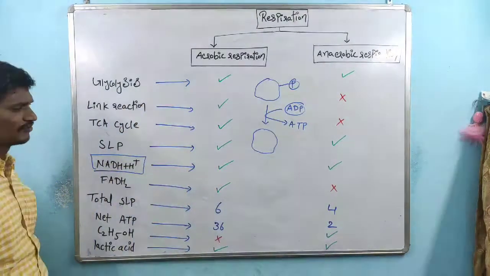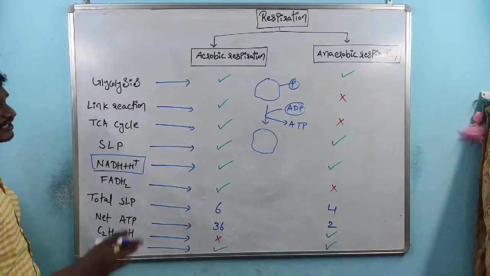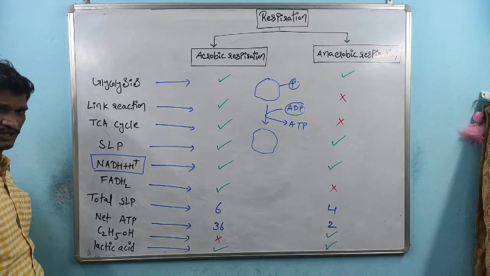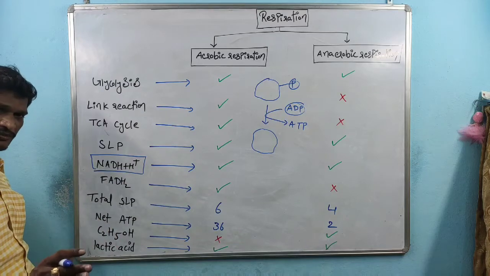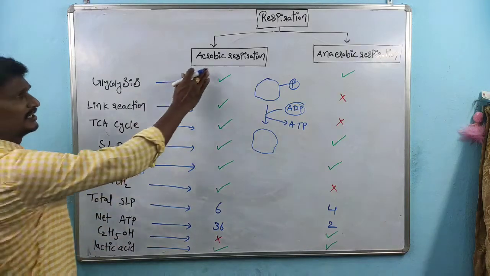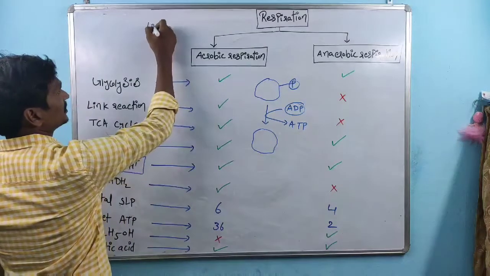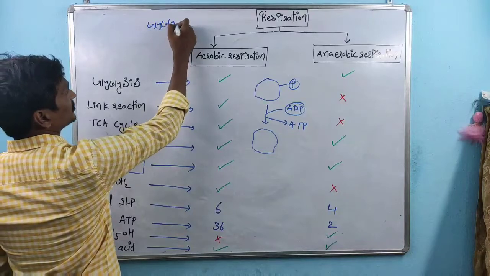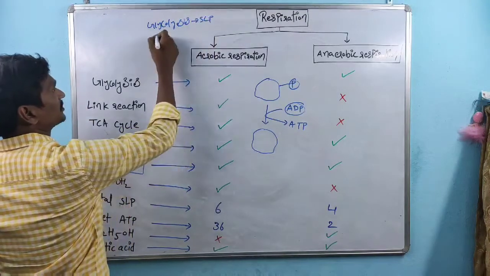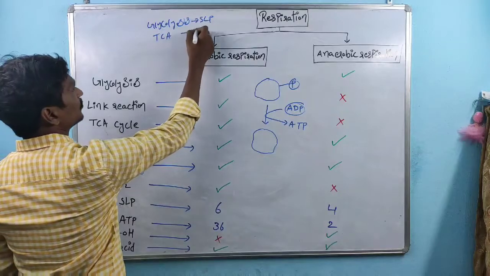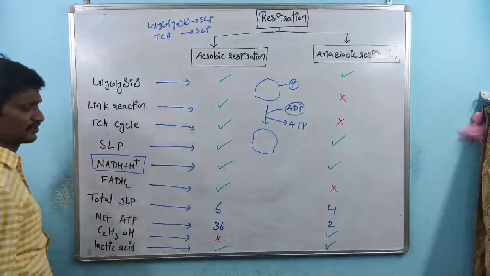And total substrate level phosphorylations. Within aerobic respiration, the TCA cycle is also involved in substrate level phosphorylation. In the aerobic respiration process, glycolysis involves substrate level phosphorylation, and the TCA cycle also involves substrate level phosphorylation.